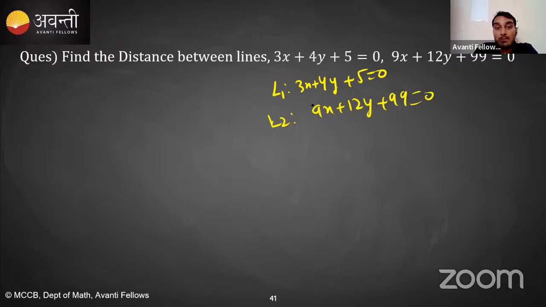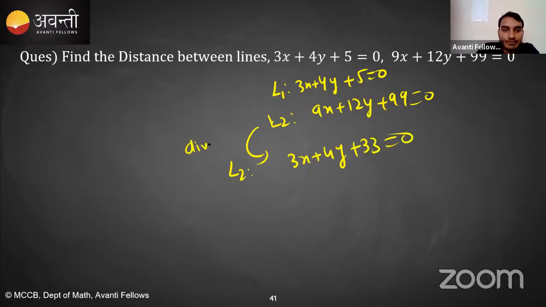First of all, make them the same coefficient. So rewrite L2 by dividing by 3: 3x plus 4y plus 33 is equal to 0. This is the form of the two lines that you will use.